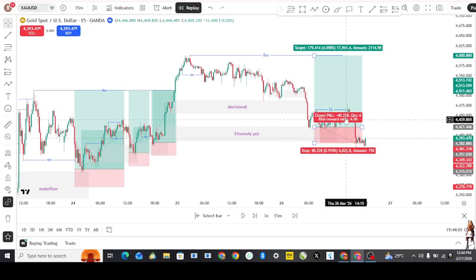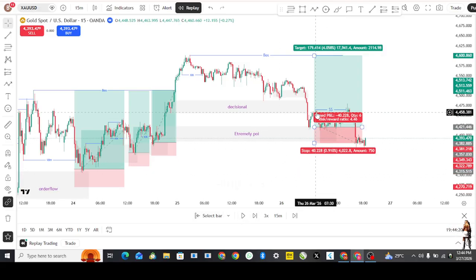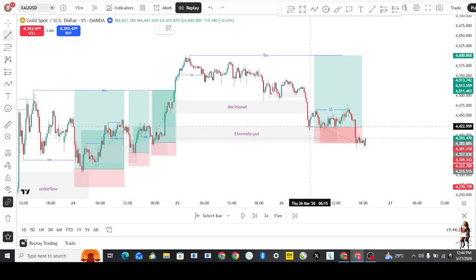Now we are risking 400 pips to make 1794 pips, so there is a ratio of 1 to 4. It's a good risk to reward, but we are stopping out on this trade. Then we have another close below here.